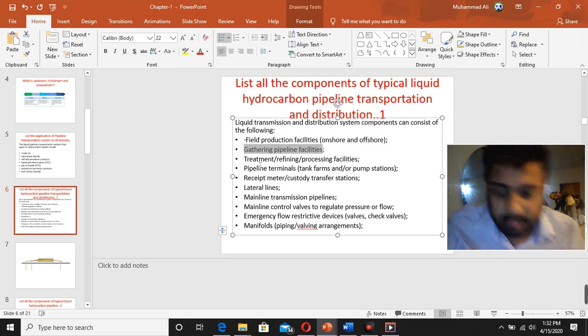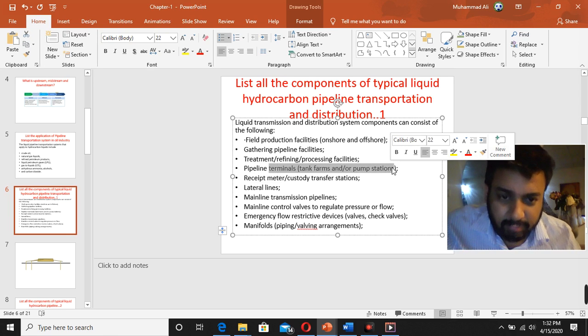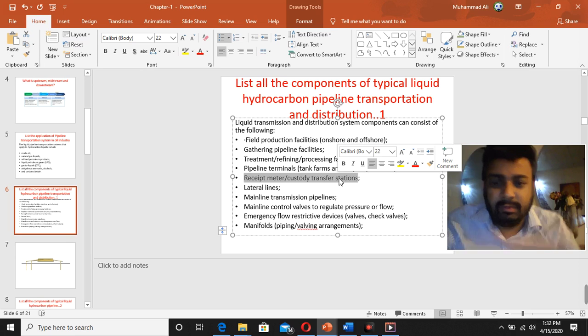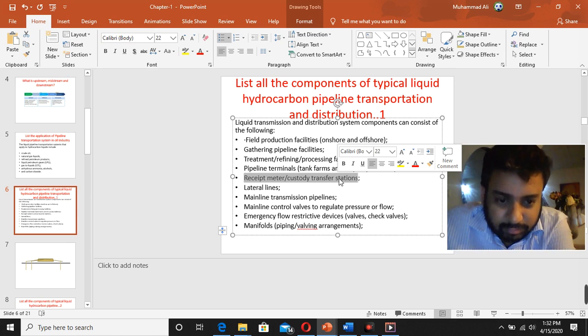When you visit any oil and gas field or refinery, you see a lot of pipes transporting oil from one part to another in the treatment processes. Then we need lots of terminals and pump stations, where wherever the pressure has declined, we install pumps. And we need metering and custody transfer. What is metering? For example, when the well is producing 50,000 barrels per day, how do you know?